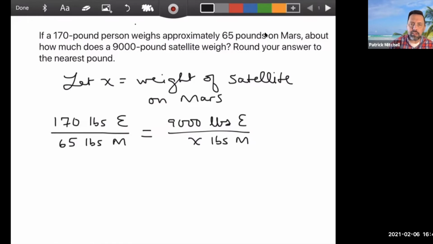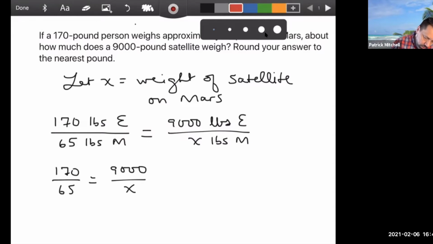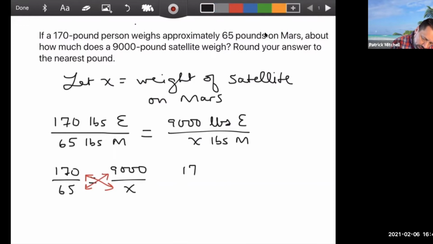And then once you're convinced that you've got it set up correctly, you can drop all your units and just say 170 over 65 equals 9,000 over x. And then remember the shortcut we talked about. Multiply these 2 together, multiply these 2 together, and that gives you 170x equals 65 times 9,000.